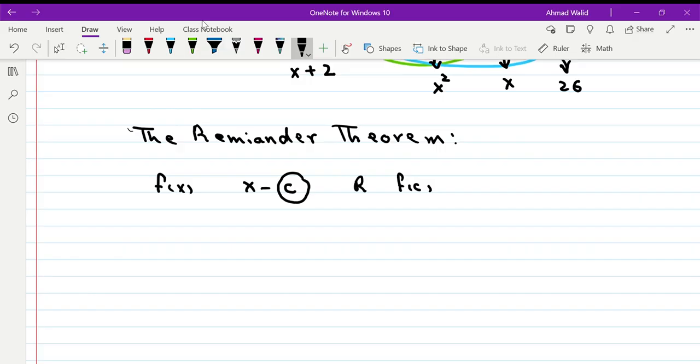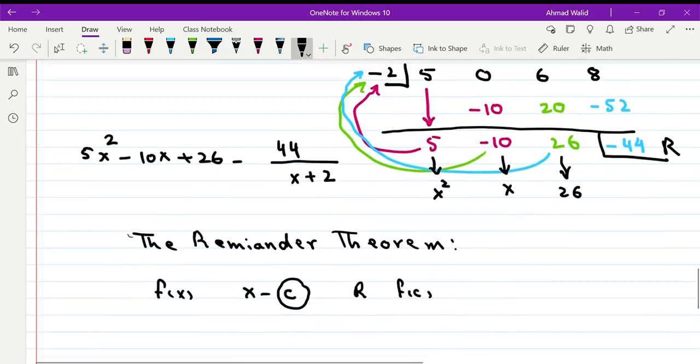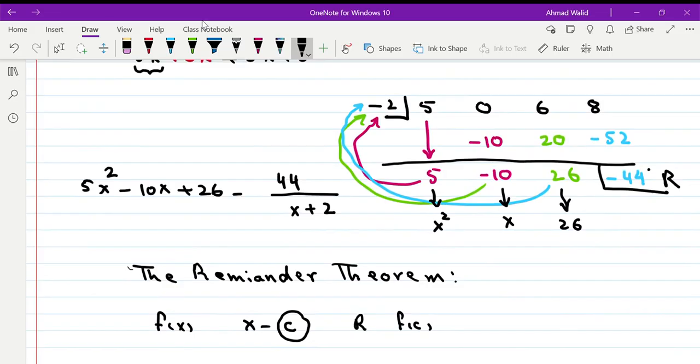If someone gives you two polynomials and asks you to find the remainder, there are three ways to find it. You can use long division and see what your remainder is. You can use synthetic division and find the remainder. Remainder means this number, the last number. We are focusing on this.